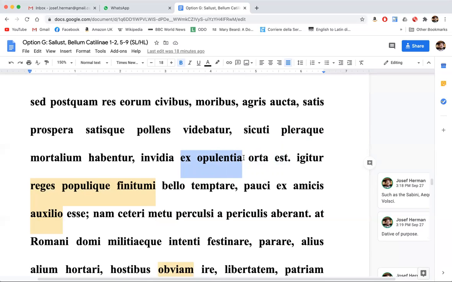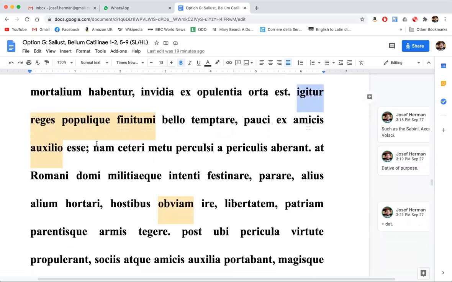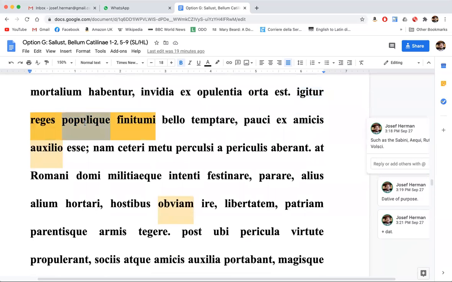In other words, the more wealthy Rome became, the more its neighbors were jealous of it. Okay, so therefore, igitur, reges populique, kings and peoples, and they're described as finitumi. In more normal Latin, that would be finitimi, and that's an adjective that means neighboring or nearby.